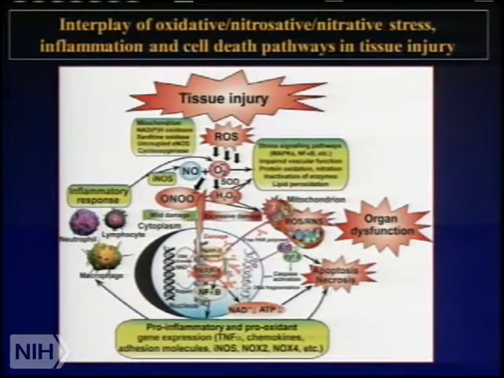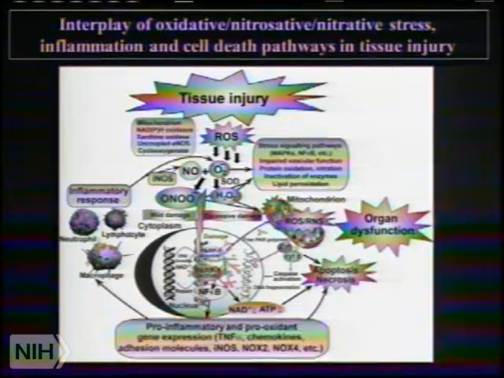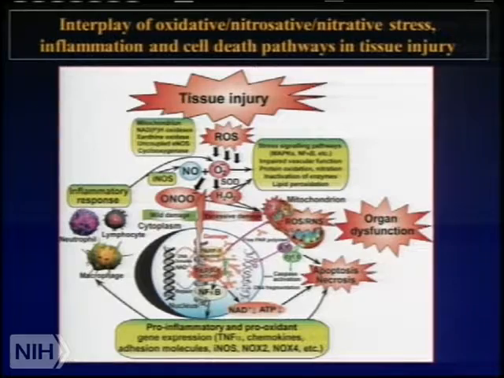Active PARP is a co-activator of nuclear factor kappa B, which is one of the key pro-inflammatory pathways, which can regulate expression of inflammatory cytokines, TNF-alpha, chemokines, NADPH oxidases, and the inducible nitric oxide synthase.